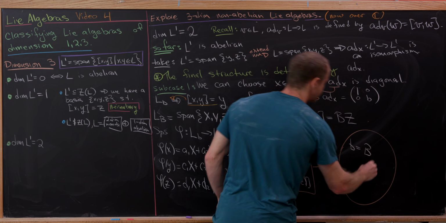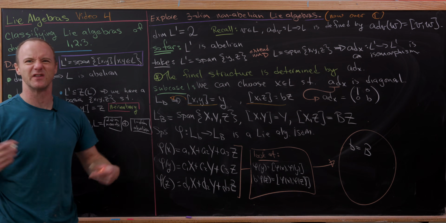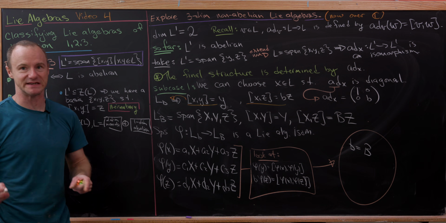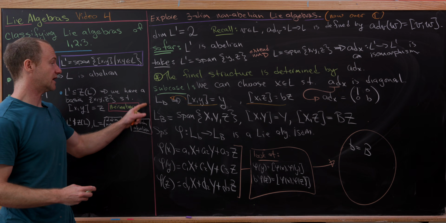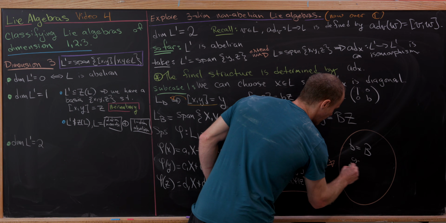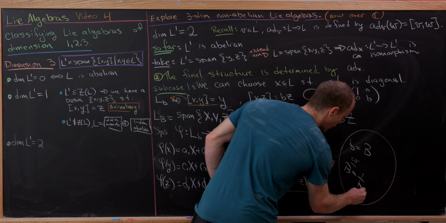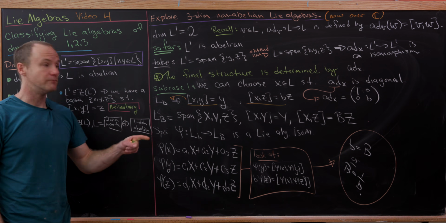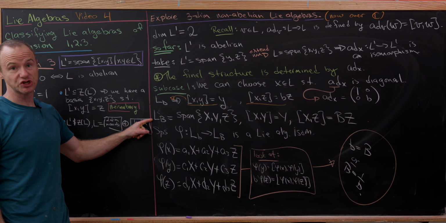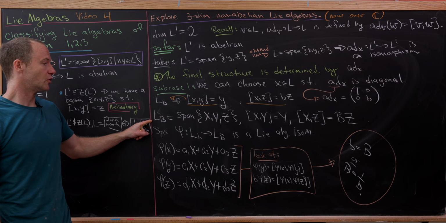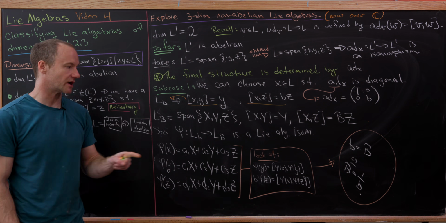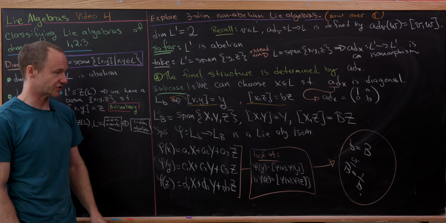Either lowercase b is equal to capital B, that's kind of the obvious isomorphism because we have exactly the same data defining these two Lie algebras, or we have uppercase B is 1 over lowercase b. That means we only have an isomorphism between these two types of Lie algebras when the constants lowercase b and uppercase B are equal or they're reciprocals of each other.